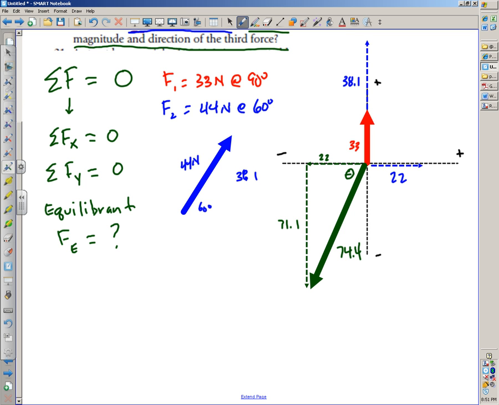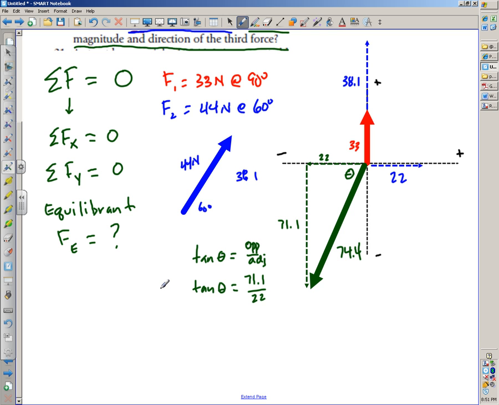So we need to find that angle theta to give us direction. We talked about on Friday that now we know all the sides of this triangle, but if we use the two sides that we figured out based on the components of the forces already given to us, using the tangent function, tangent is opposite over adjacent, so if we're trying to find theta, we'll pop in the opposite side, which you know is 71.1. The adjacent side relative to the angle that we know is 22.